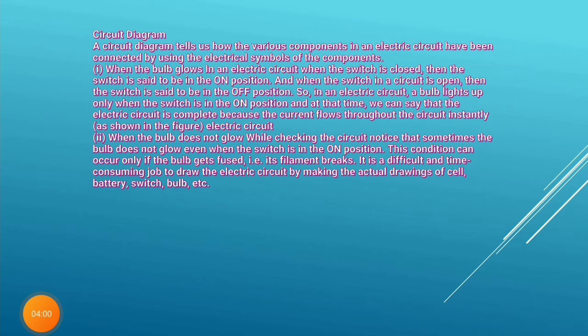When the bulb does not glow while checking the circuit, notice that sometimes the bulb does not glow even when the switch is in on position. This condition can occur only if the bulb gets fused, for example when the filament breaks. It is a difficult and time-consuming job to draw the electric circuit by making the actual drawing of cell, battery, switch, bulb, etc.